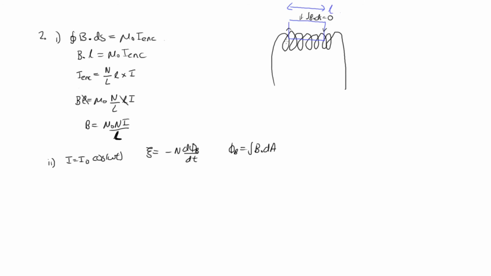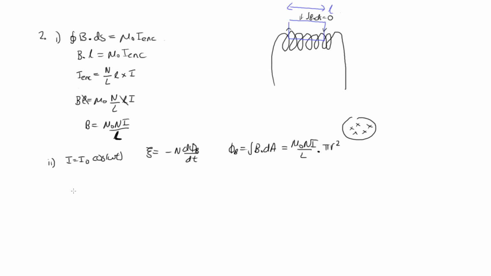For our solenoid, the cross-sectional area is just a circle. We know what the magnetic field is; it's constant inside our solenoid. So we've got our B, which is mu naught N I on L, times our area, which is pi r squared, because it's the area of a circle.